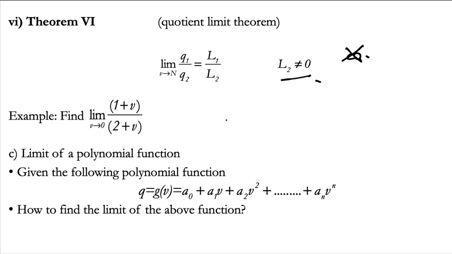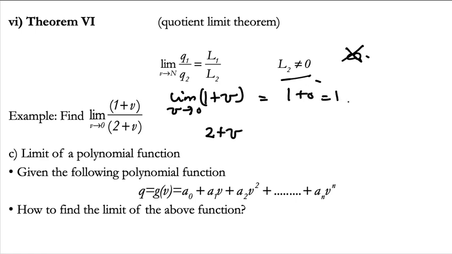Now, for instance, let's say we have the limit of 1 plus v over 2 plus v as v approaches 0. We have two functions here. The first one is 1 plus v. The second one is 2 plus v. So we can find these two limits separately. The limit of 1 plus v as v approaches 0 is equivalent to 1 plus 0, which equals 1, isn't it?